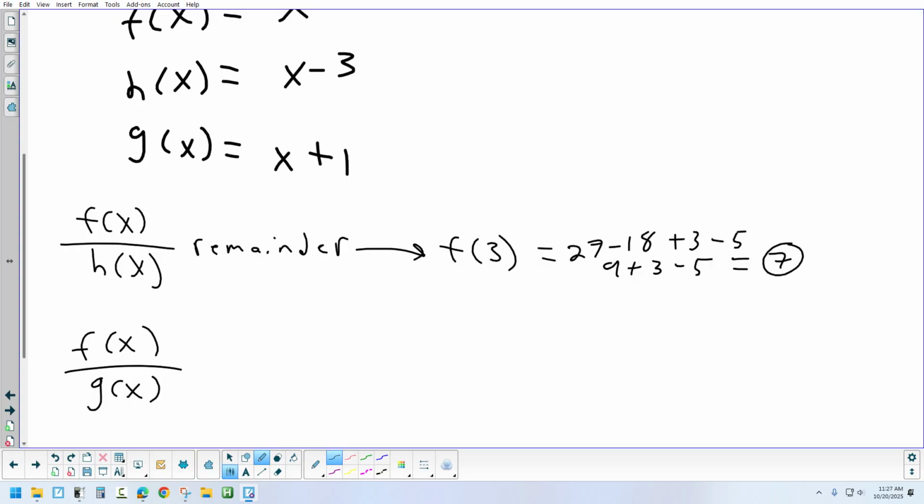Yep. So to use the remainder theorem, it always has to be x minus, and then you have to put a number in that box. Whatever number is in that box, that's the number that you're going to plug in. So yeah, we can rewrite that as x minus negative 1. So just be a little careful, okay, when you do that one.